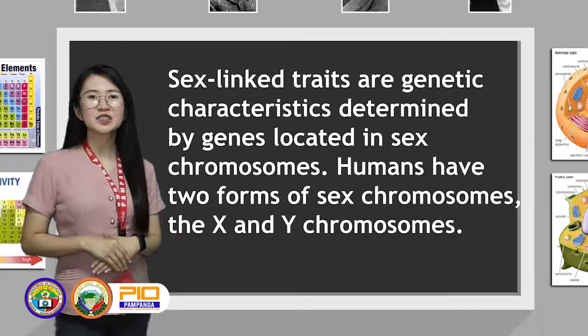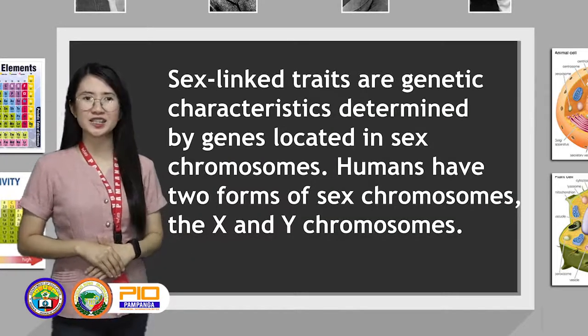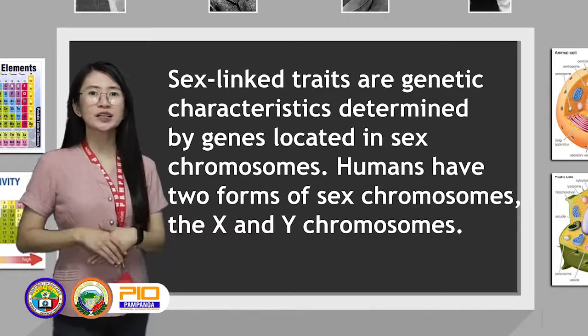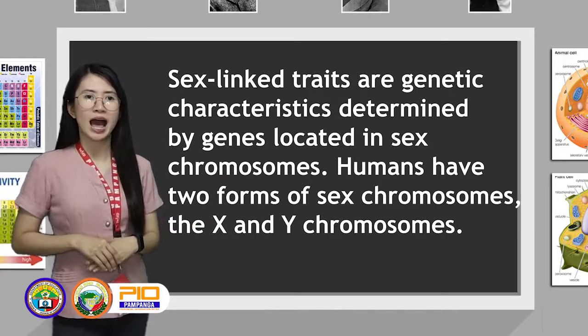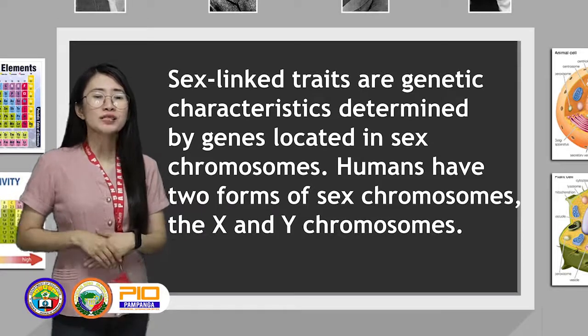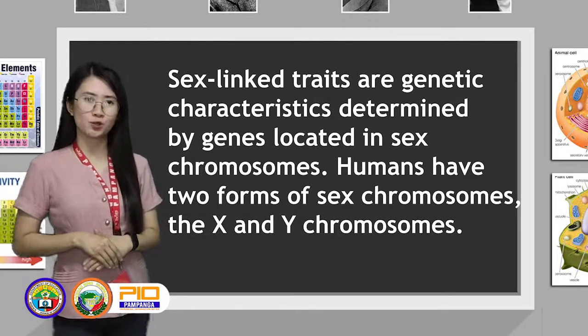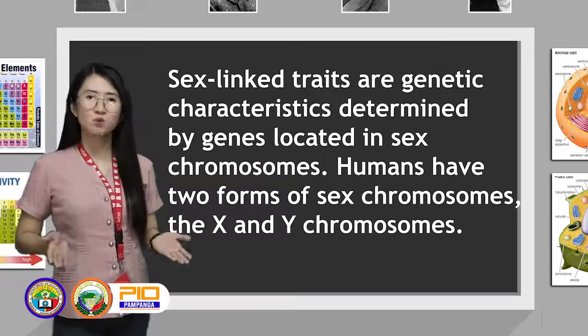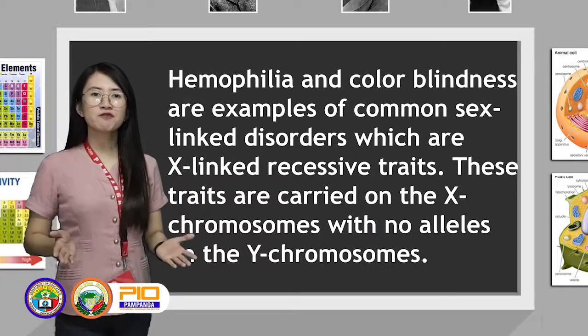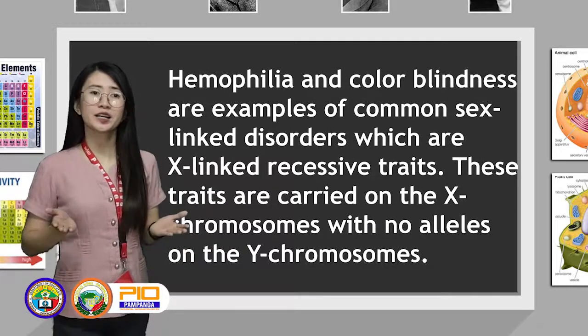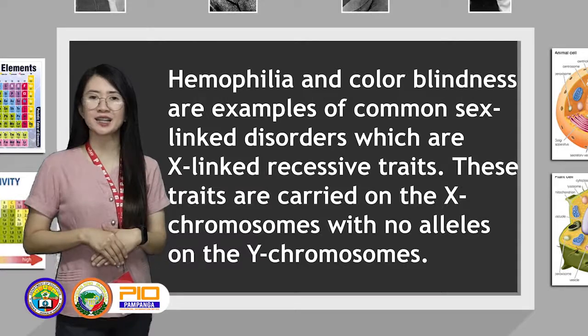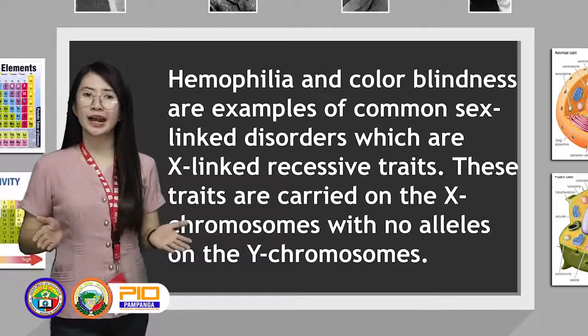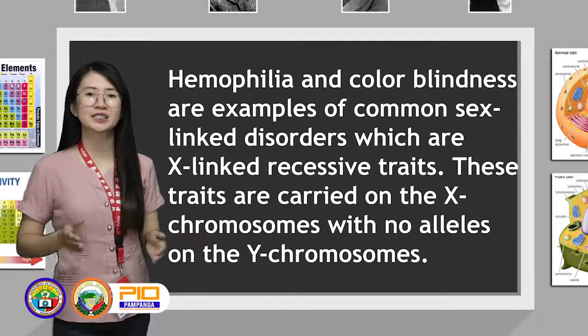Remember, sex-linked traits are genetic characteristics determined by genes located in sex chromosomes. As mentioned, humans have two forms of sex chromosomes, the X and the Y chromosomes. Hemophilia and color blindness are examples of common sex-linked disorders which are X-linked recessive traits.